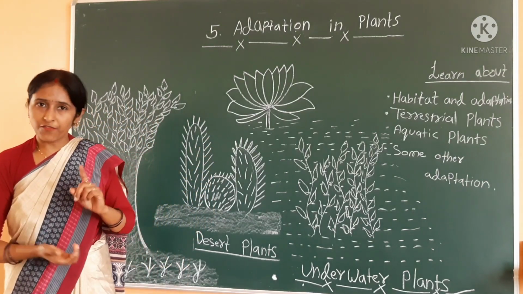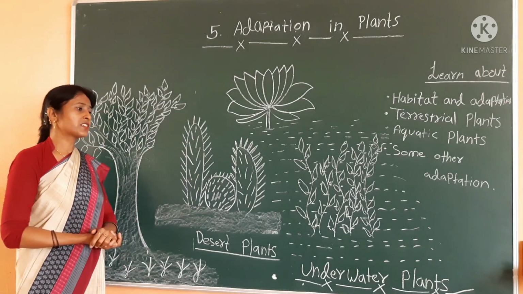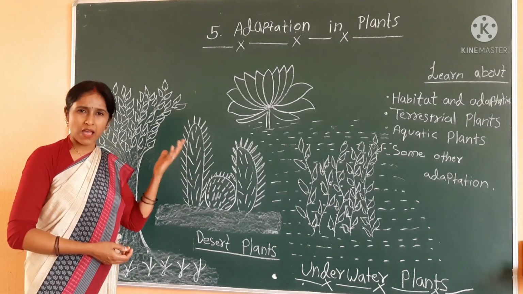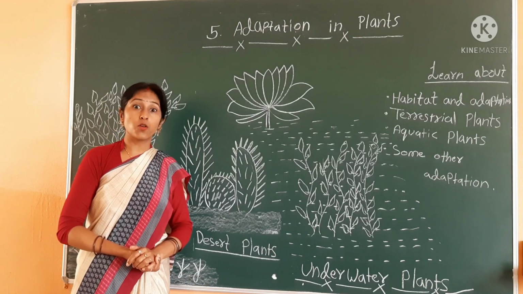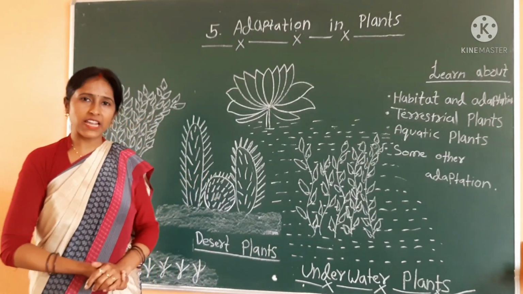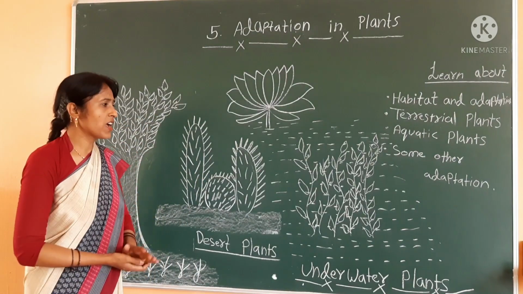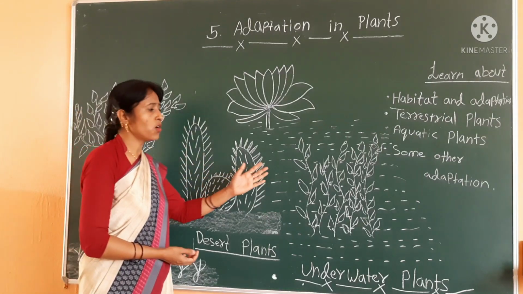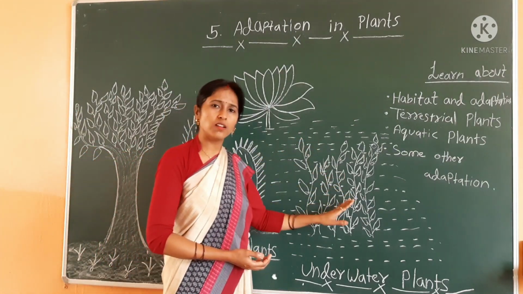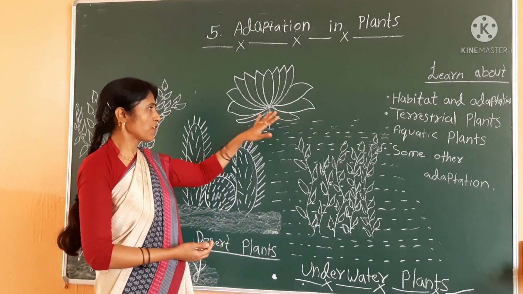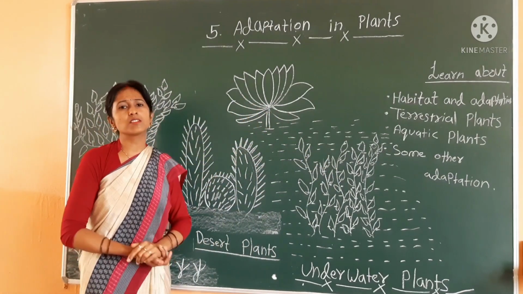Some trees grow on swamps. Trees like coconut grow on coastal areas. Likewise, there are some aquatic plants also. Some plants are underwater, and some are on the surface of the water, like lotus.